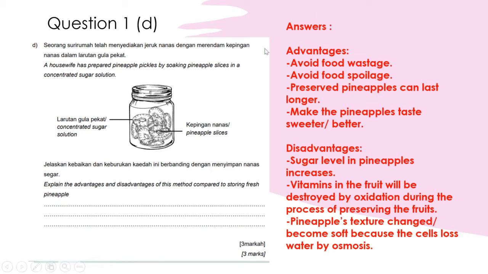This is the suggested answer. What is the name of this method? This is pickling.